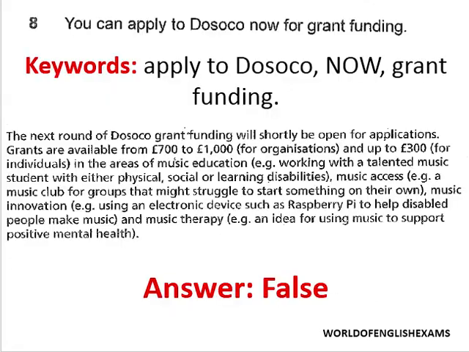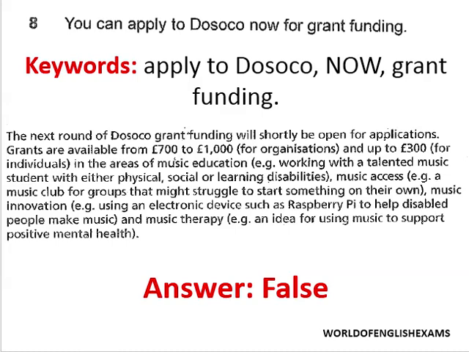So the first statement says, "You can apply to Dosoco now for grant funding." Here, what are the keywords, guys? "Apply to Dosoco now." This is very important. People generally neglect this. So the keywords are "apply to Dosoco now" and "grant funding."